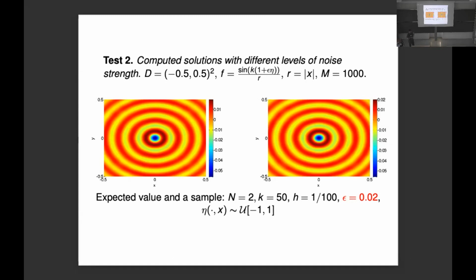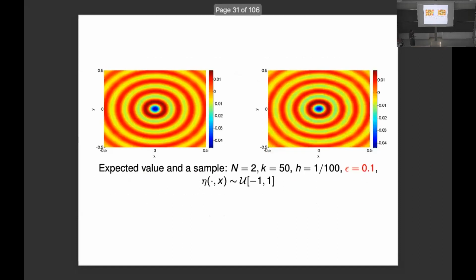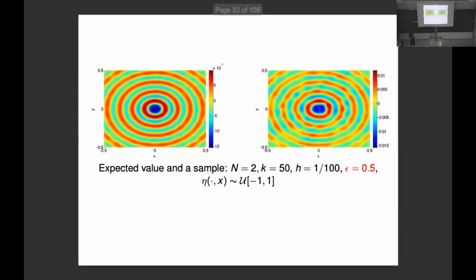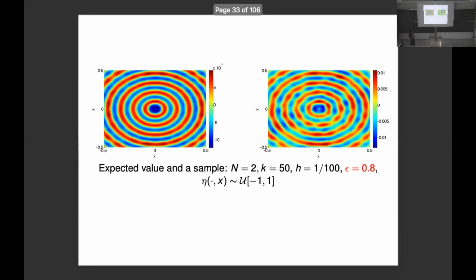The epsilon is the strength of the noise. You make it larger. In this case, it satisfies the assumption in the theory. If you continue to increase it, later, I think for H, we violate the condition. The algebra calculation violates the condition. This is the mean computed solution. This is one sample.